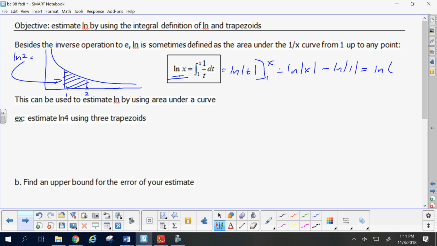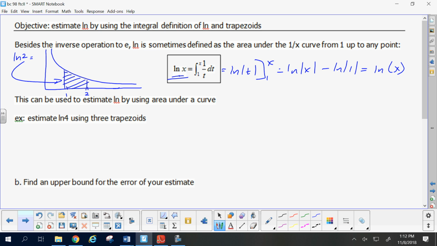You might ask about the absolute value, but you wouldn't use this definition for a negative. Logs don't pertain to negatives. You would have an improper integral there. So log of x is defined as the area under the 1 over t curve.